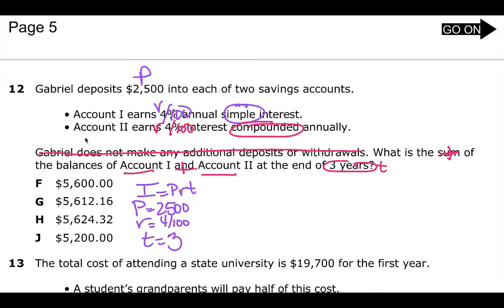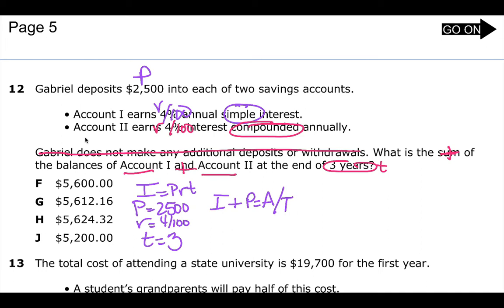So can we find the balance of that account first? Oh, yes. So we're looking for a total of that account, so an A of that account. So we're going to take the interest plus the principal to get our A or our T, depending on whose class you're in.